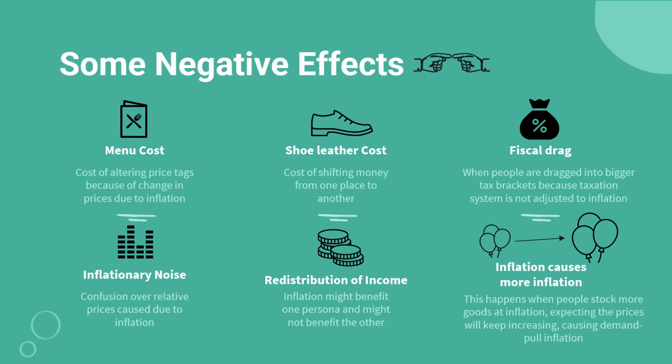So this is a menu cost. This is also applicable in restaurants. If the cost of production for raw vegetables and raw ingredients increases, then obviously the prices of the dish will also increase, and they will have to keep altering the menu of the restaurant. So that's how the name derives, menu cost.